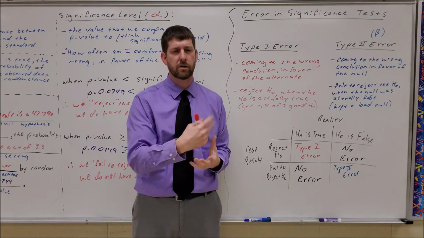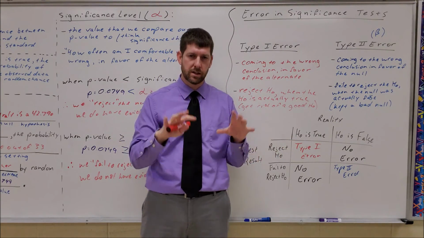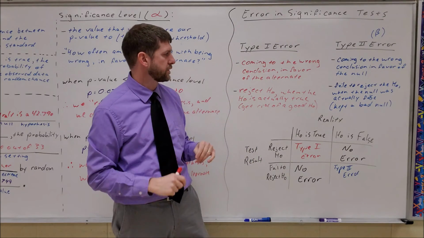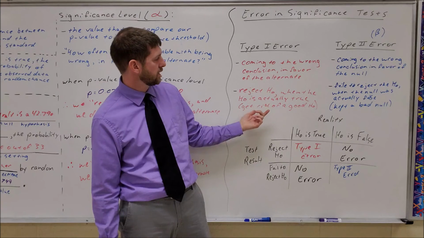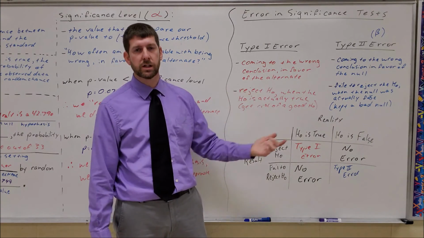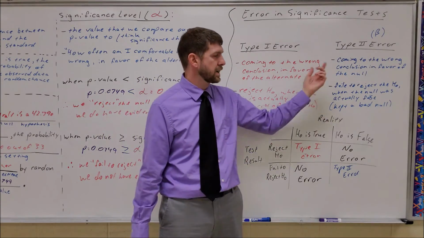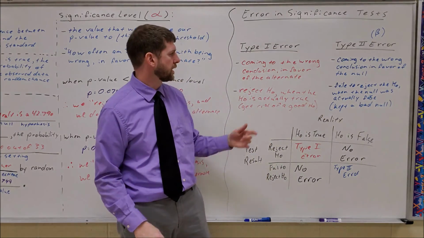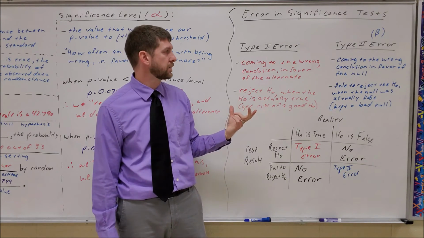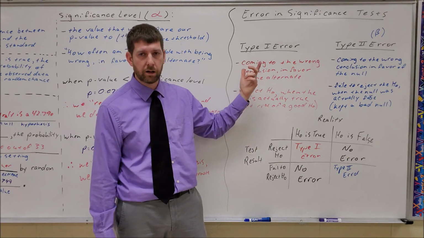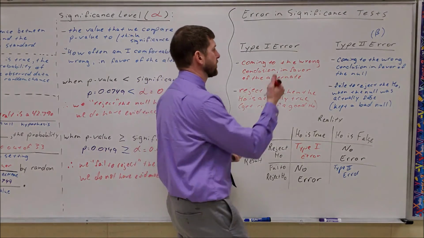We'll talk more about that in our next lesson, about how to see these two errors more visually. But what we need to get right now is that type 1 error is siding with the alternate incorrectly, and type 2 is siding with the null incorrectly. Now, if we're going to use beta to represent the probability of type 2 error, for type 1 error we already know how to represent that, and that's nothing more than alpha.